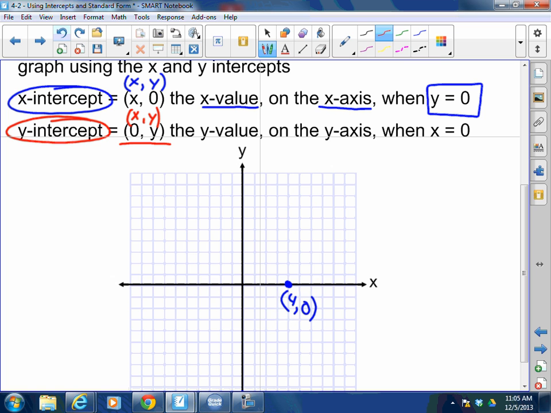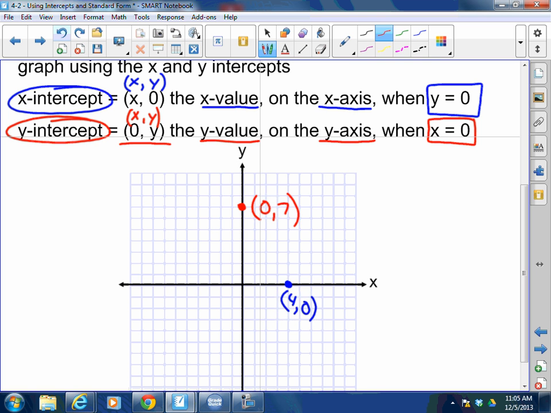Very good. So the y-intercept is the y value on the y-axis when x equals 0. For example, this is a y-intercept because it's a y value on the y-axis when x is 0. And what is this point? This is 0, 1, 2, 3, 4, 5, 6, 7. So (0, 7).